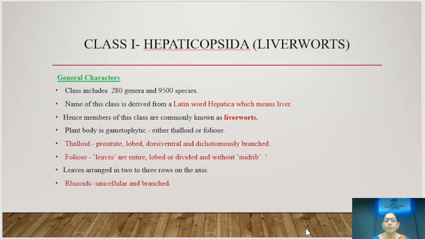The thalloid body may be prostrate, lobed, and dichotomously branched, and the foliose is leaf-like, lobed or divided, without midribs. Leaves are arranged in 2 to 3 rows. Rhizoids are usually unicellular and branched.